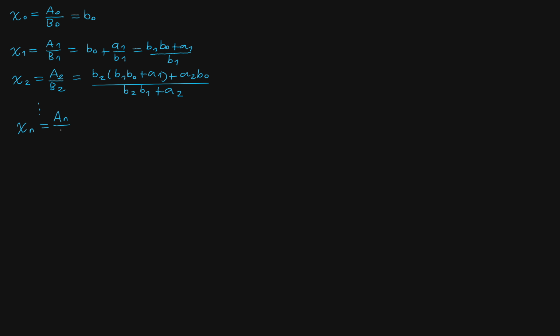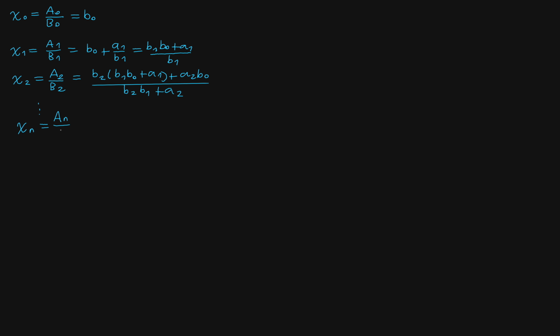So this is going to be capital A sub n over capital B sub n, where we have capital A sub n is equal to b sub n times capital A sub n minus 1 plus a sub n times capital A sub n minus 2.